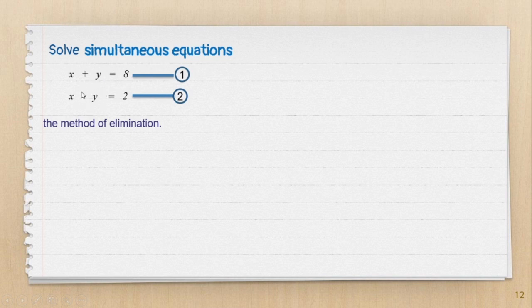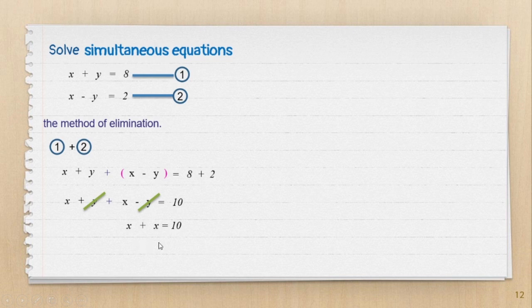By adding the first equation and the second equation, we obtain this. Keep in mind to add both sides. Then we can simplify like this. Due to the plus y and minus y, they cancel off.